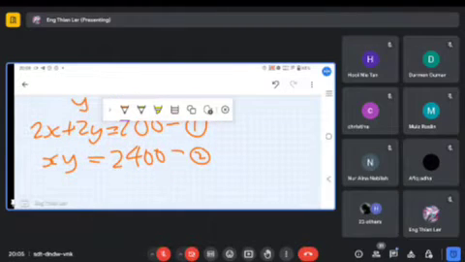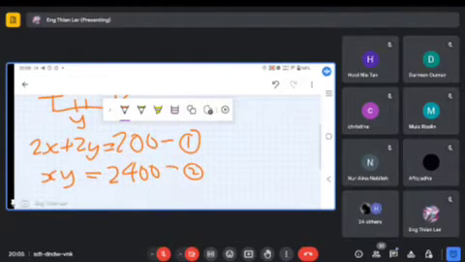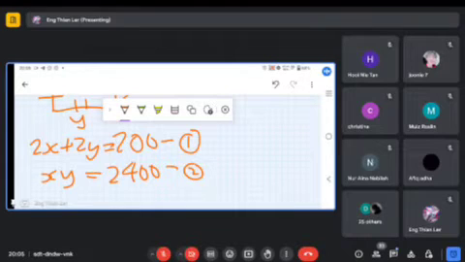First, I will teach you the substitution method. Now we are going to simplify the equations as much as possible. For the second equation, I'm not able to simplify, so we just leave it here.